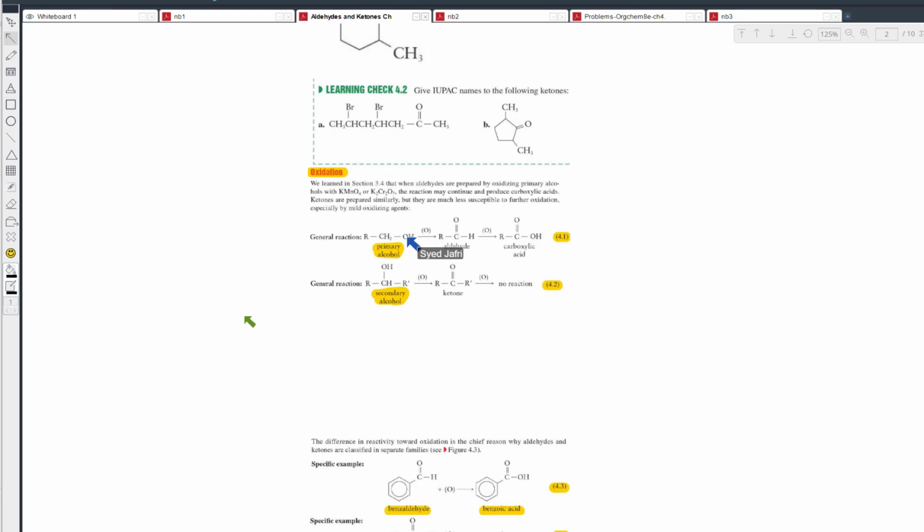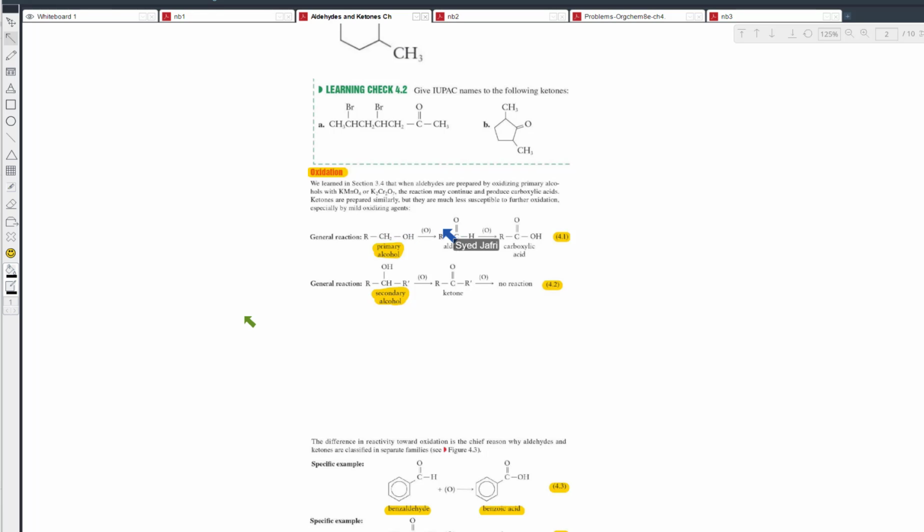It's going to first oxidize to aldehyde, but it's not going to stop there. It will continue its journey and finally give you a carboxylic acid with the same number of carbon atoms. If you start with 2 carbons, you still have 2 carbons.